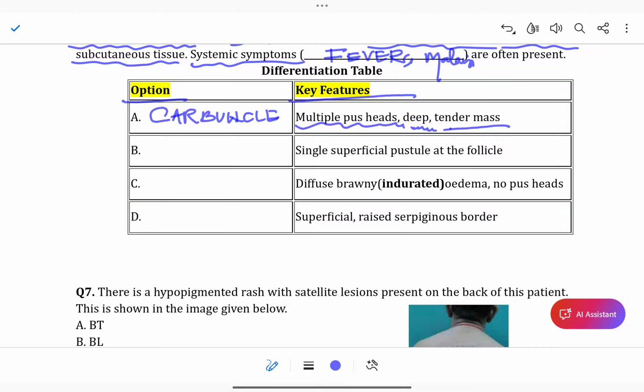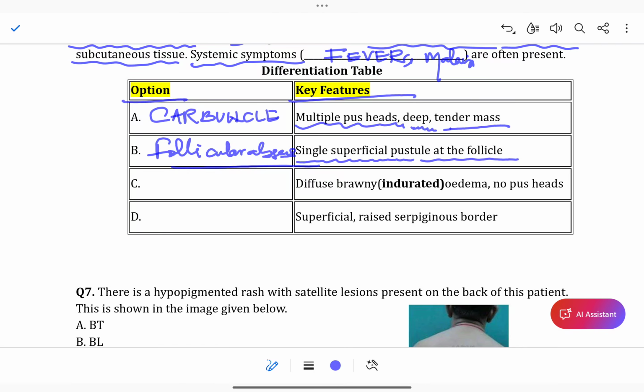C-A-R-B-U-N-C-L-E, carbuncle. And this is our answer also. A single superficial pustule at the follicle is option B, that is follicular abscess. This is not our answer, but you should know the definition.